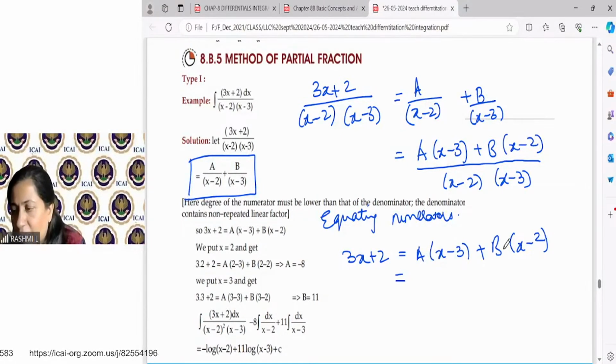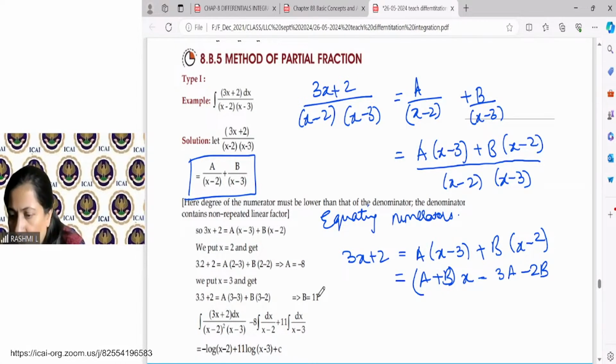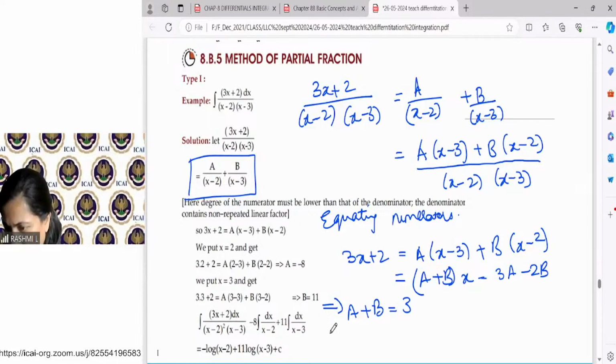This becomes ax and this becomes bx. So (a + b)x - 3a - 2b. So this implies a + b is equal to 3 and -3a - 2b is equal to 2.